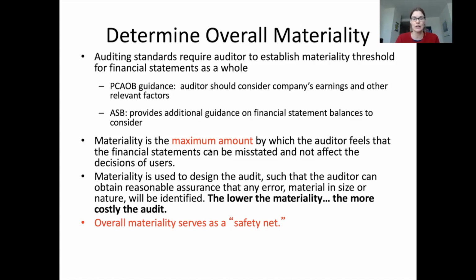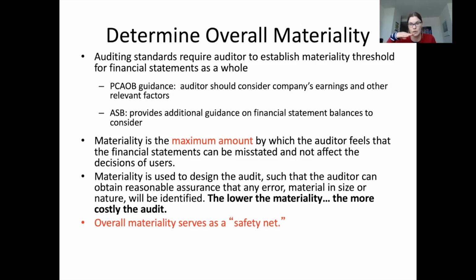Another thing to consider, and we'll talk more about this as we go, is the lower you set that threshold, the more costly the audit is, because you're pulling in a lot more accounts and a lot more transactions as material.